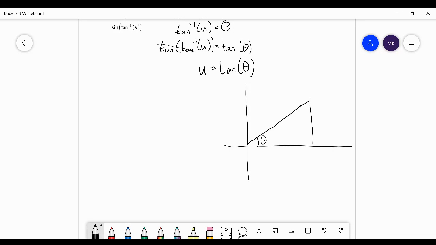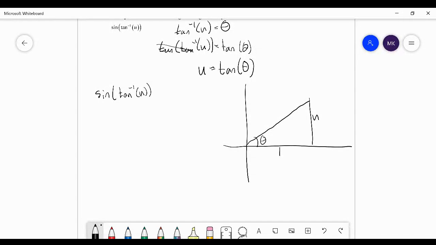Tangent is opposite over adjacent, so that means we have u over 1. Okay. So what I'm trying to figure out, right, is the sine of inverse tangent of u.